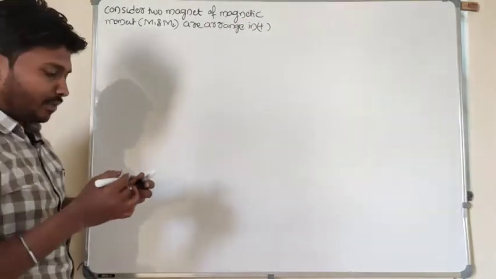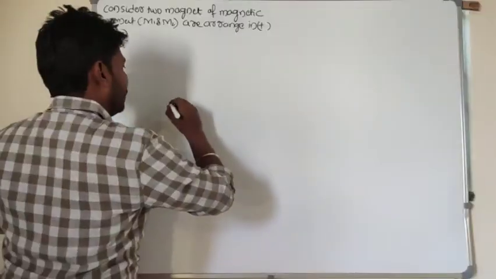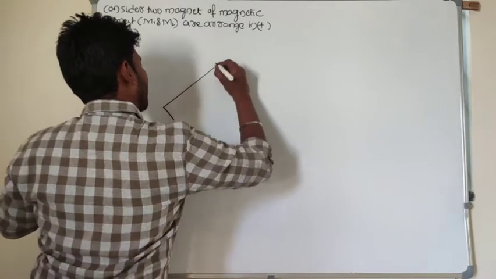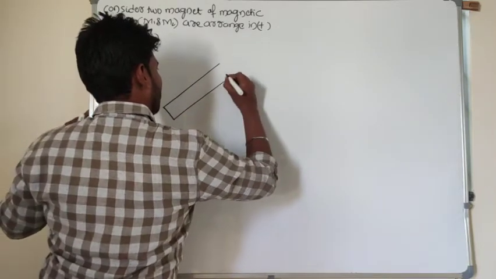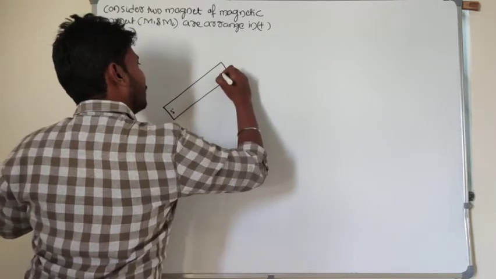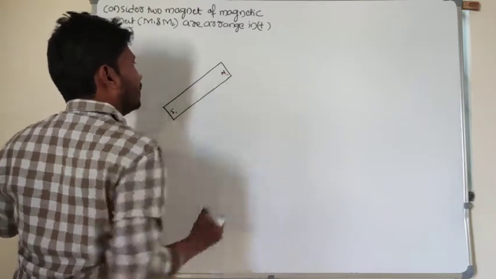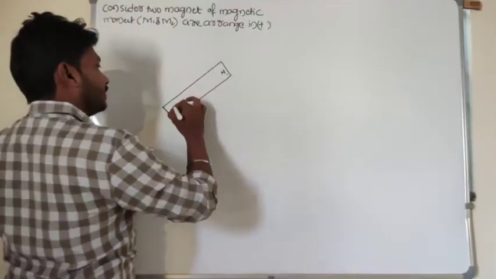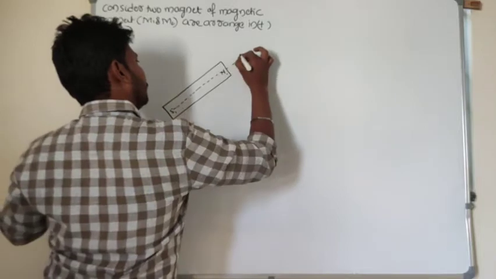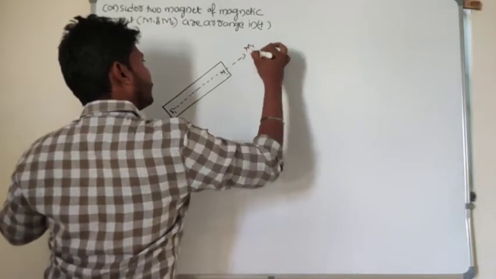These two magnets having magnetic moment m1 and m2 are arranged in plus symbol way. For example, look at here. I will take two magnets here, right? This consists of south pole and north pole. That direction of the dipole is south to north direction.